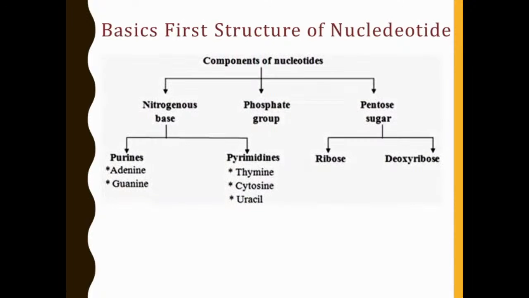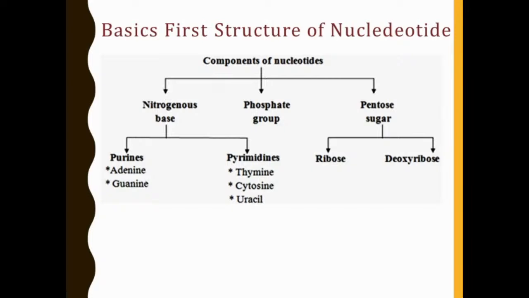So we will start this presentation with nucleotides, as these are the units or building blocks of nucleic acids, RNA and DNA. A nucleotide consists of 3 components: nitrogenous base, phosphate group and pentose sugar. As shown in the flowchart, there are 2 types of pentose sugars, ribose and deoxyribose.